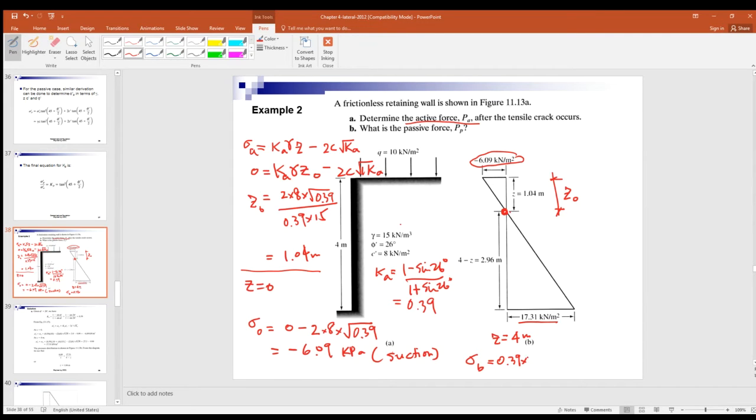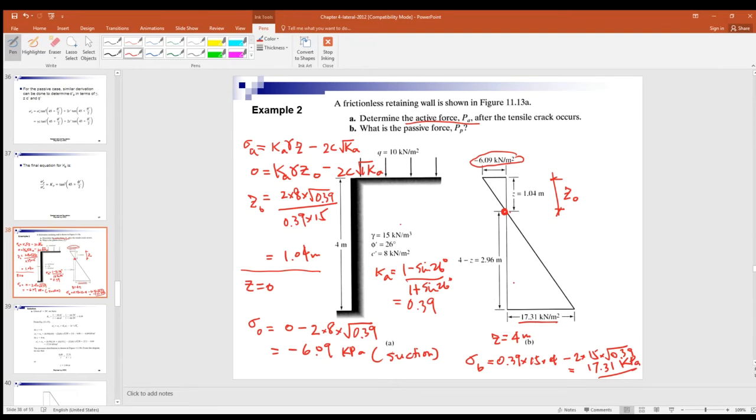What's gamma? Gamma is 15, right? And then Z equals 4, minus 2 times 15 and square root 0.39. Now it should give you 17.31 kPa.